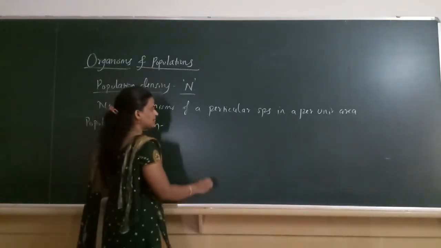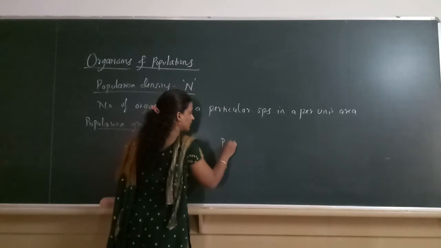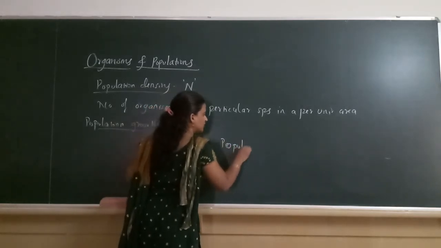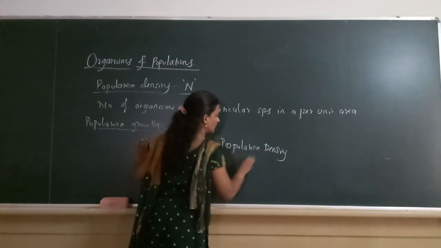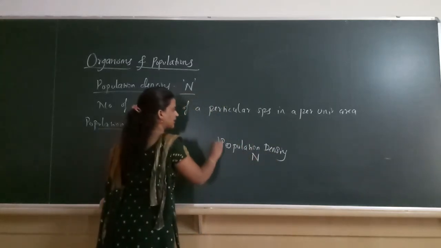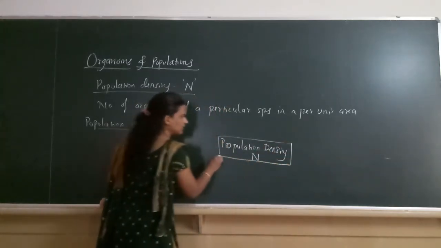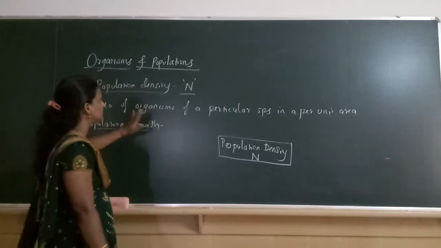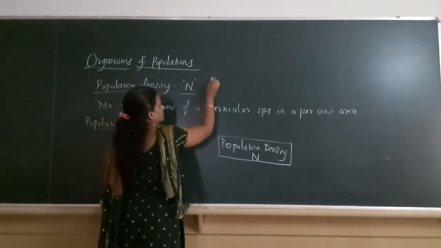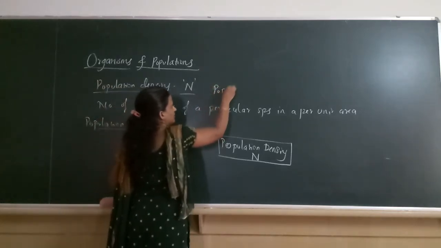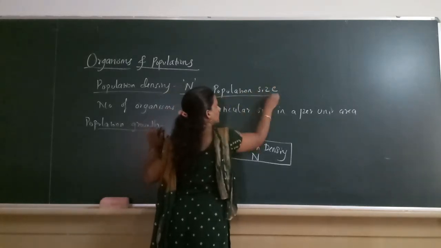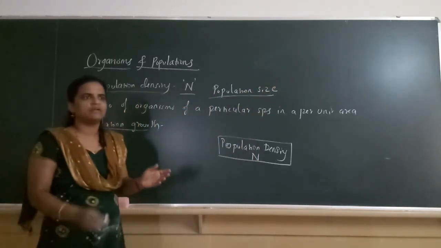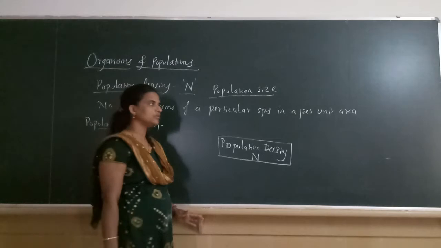We start with population density, represented by capital N. Population density means nothing but the size of the population, how large or how small it is.